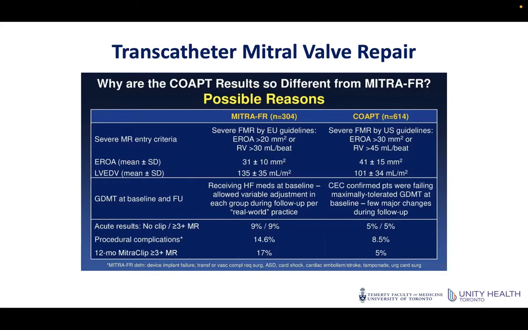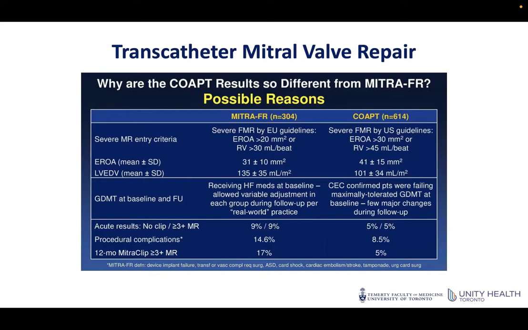There was also the potential role of the optimized medical therapy, which was maybe a bit more strict in the COAPT trial compared to the MITRA-FR group.